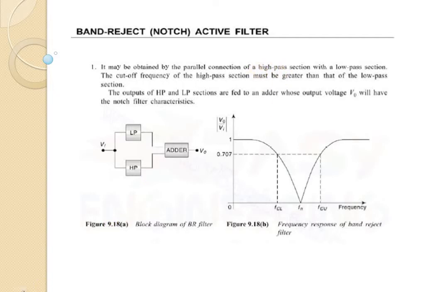The cutoff frequency of the high pass section must be greater than that of the low pass section, and the outputs of the high pass and low pass sections are fed to an adder whose output voltage V0 will have the notch filter characteristics.